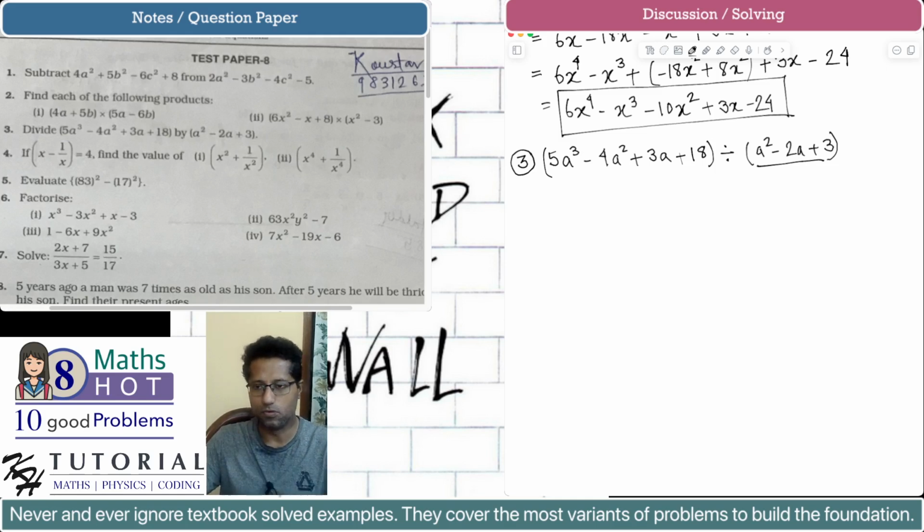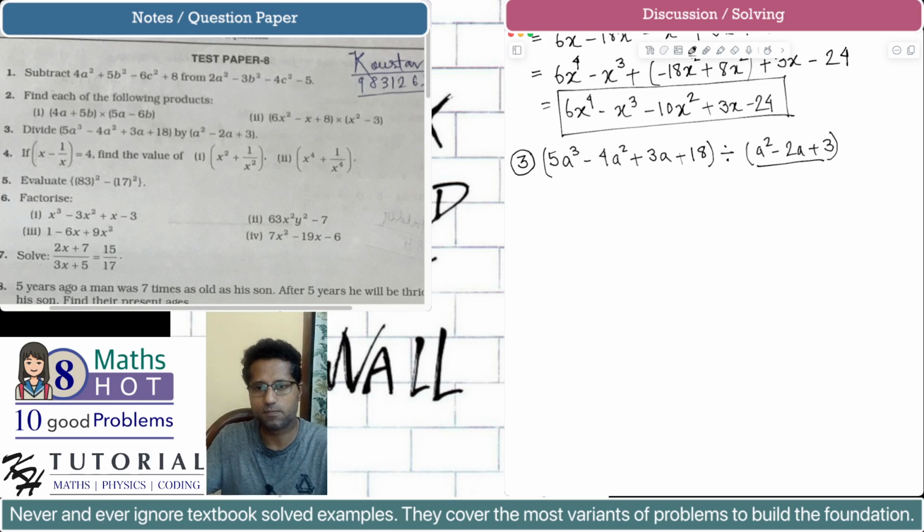So can I factorize the dividend? I don't think so. So anyway, just proceed with the long division method. So how do we do the long division method? In doing the division of two polynomials, we first figure out what will be the first term of the quotient.